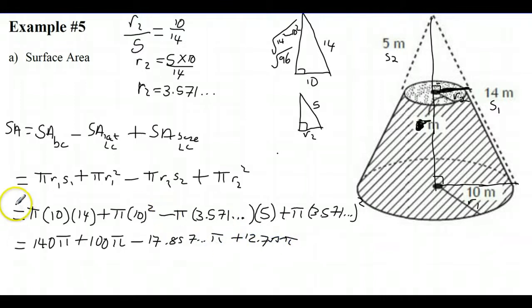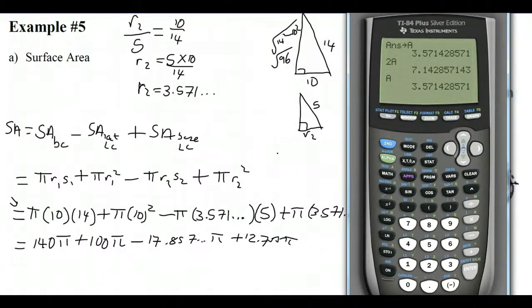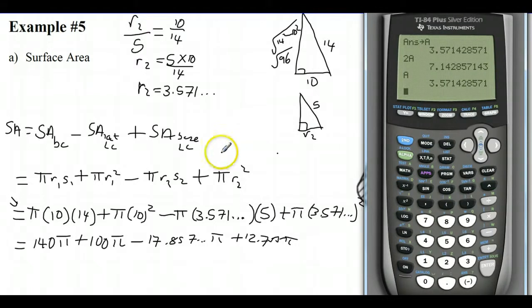Okay, so as a matter of fact, you know what? Let's just go back to this line here, and let's plug that in. So let's move this guy over. Okay, ready. Let's clear.